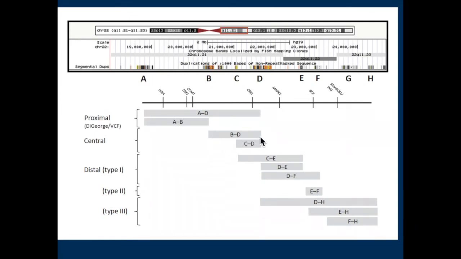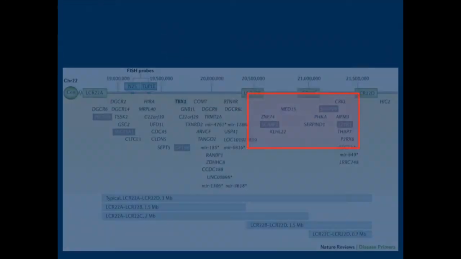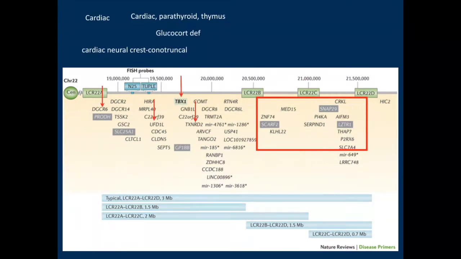Here is the B to D, or what this patient herself had. Now, if we look at this up close and personal, her B to D deletion included many of these specific genes, but look what's not included in that deletion. And that includes the hallmark TBX1, which is really the gene felt to be most responsible for a lot of the conotruncal disease that's evident with this problem.